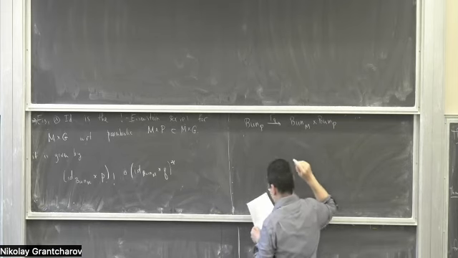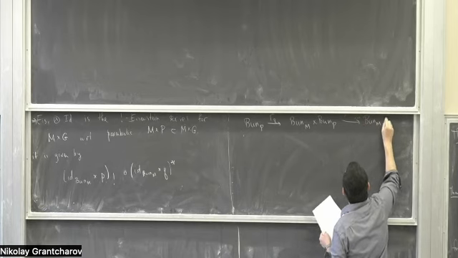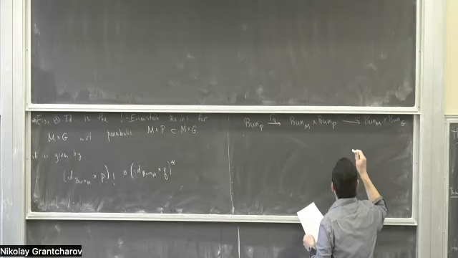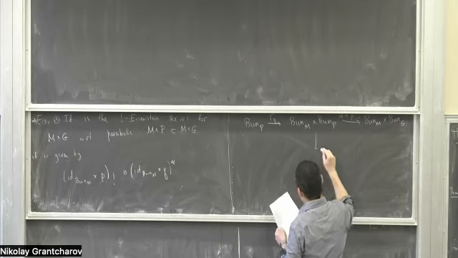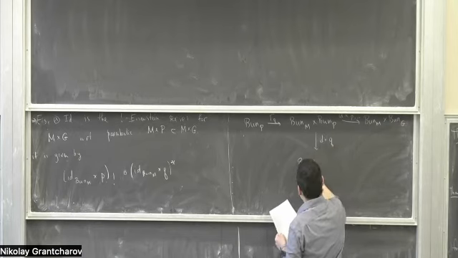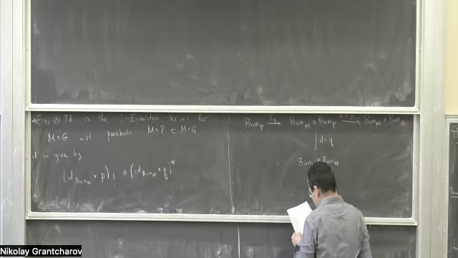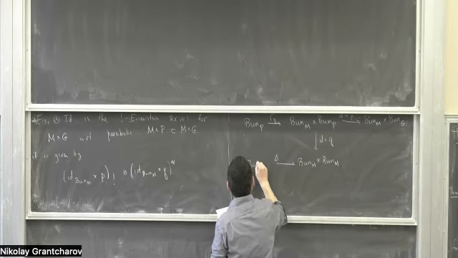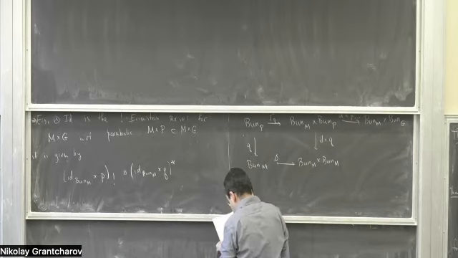This is the graph of Q. This is the inclusion of id times P. This is id times Q. This is delta.